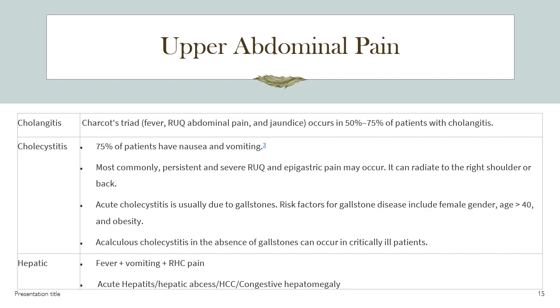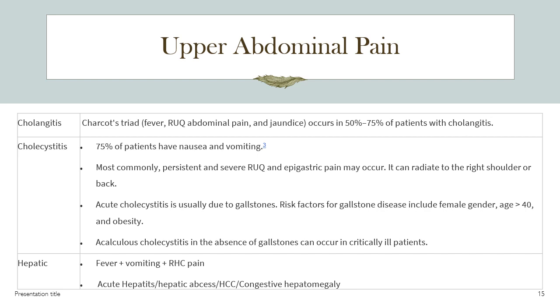And then hepatic causes. The patient has fever, vomiting, right hypochondrial pain. The patient might have acute hepatitis, among which viral hepatitis is very common, hepatic abscess, hepatocellular carcinoma, or congestive hepatopathy. So with fever, vomiting, and right hypochondrial pain, the patient might have underlying hepatic pathology.